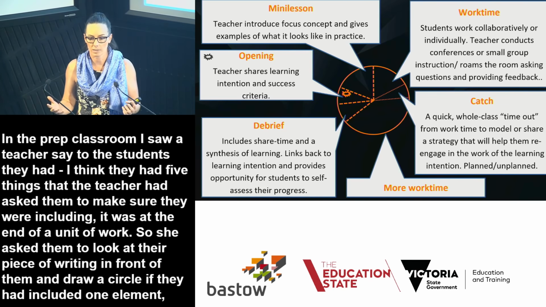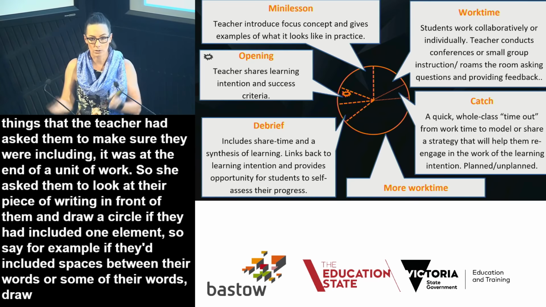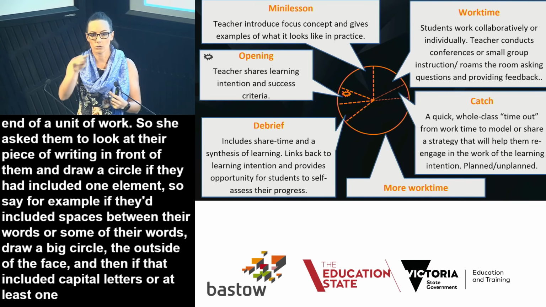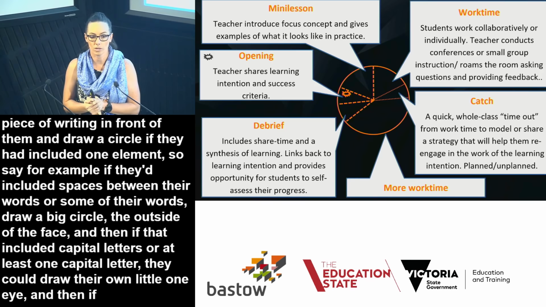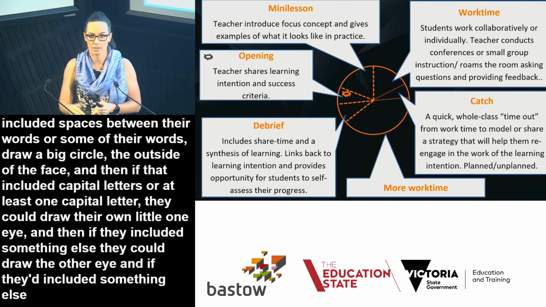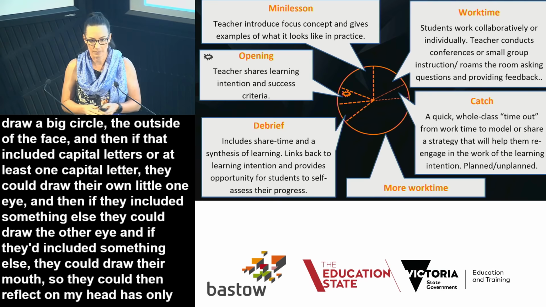So say, for example, if that included spaces between their words, draw a big circle, the outside of the face. And then if that included capital letters or at least one capital letter, they could draw their own little one eye. And then if they'd included something else, they could draw the other eye. And then if they'd included something else, they could draw their mouth. So they could then reflect on, oh, my head only has one eye and a mouth, so I've got a bit of work to do next time.